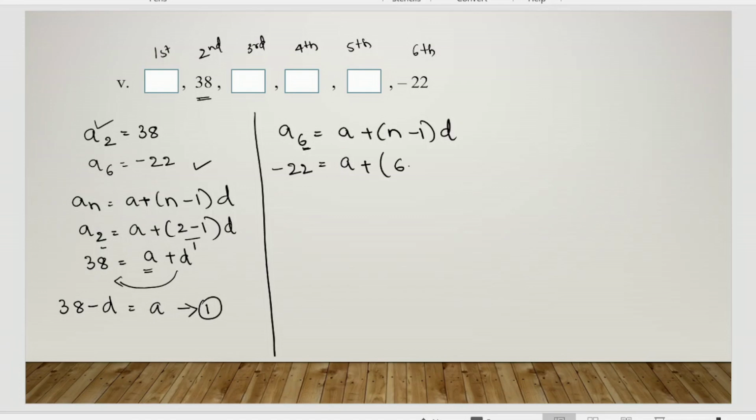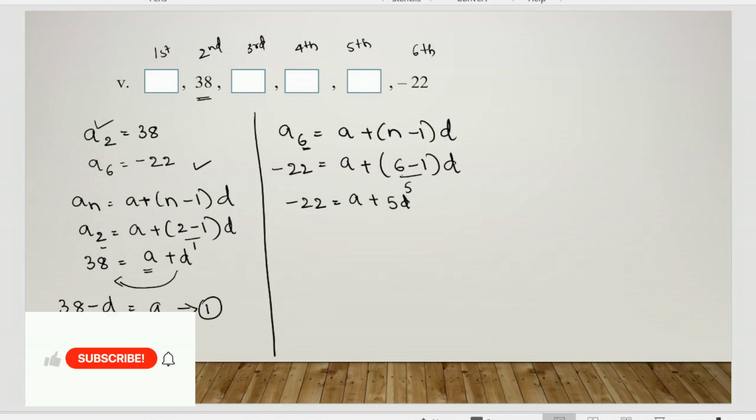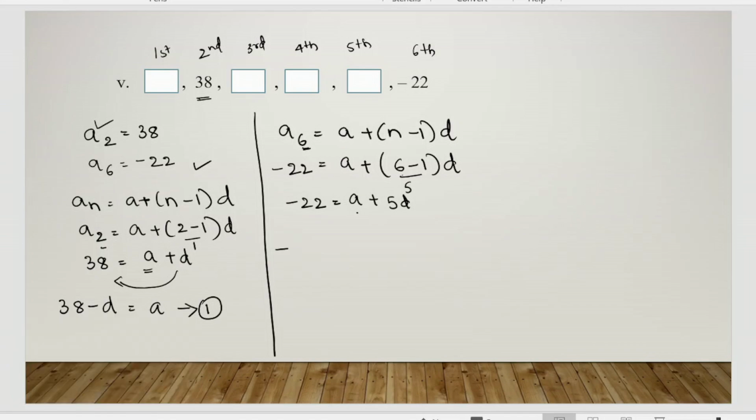So minus 22 is equal to a plus 6 minus 1, which is 5, into d, which is 5d. We know the a value as well, which is 38 minus d. We will substitute here. So minus 22 is equal to 38 minus d plus 5d.